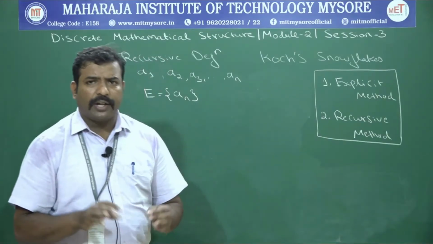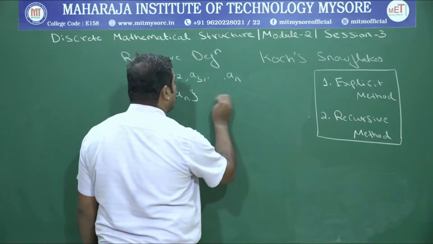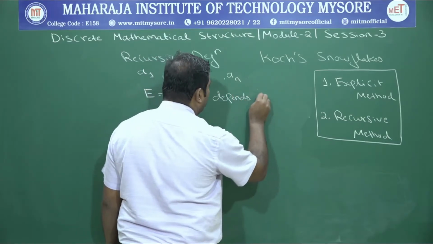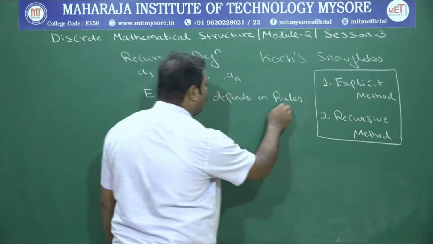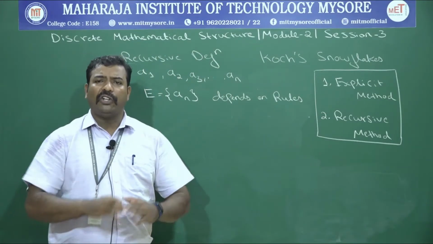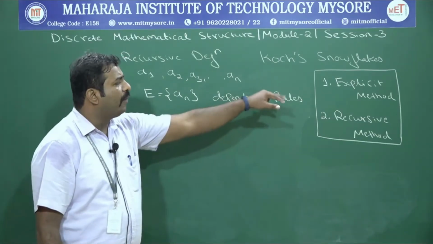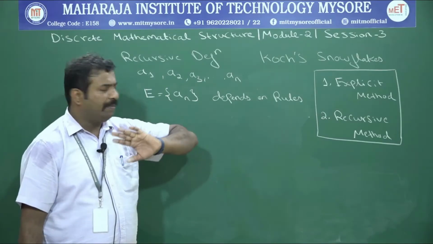So the set depends on rules. Now the rules I am going to put are called the description, or general description, and I told you the general description can be in the form of the explicit method or it can be in the form of the recursive method.